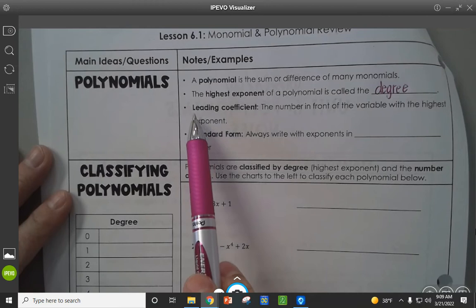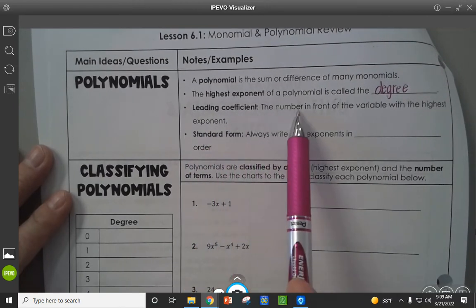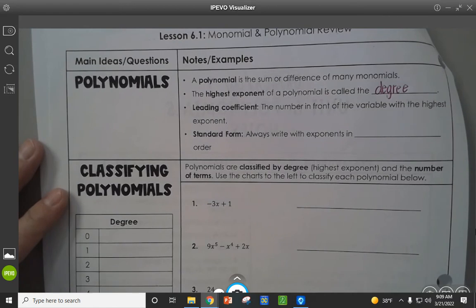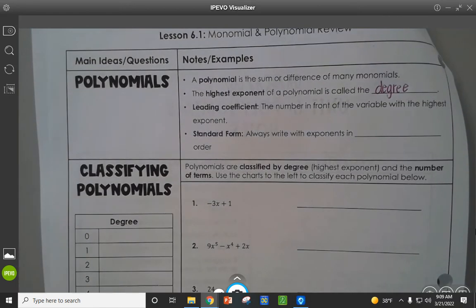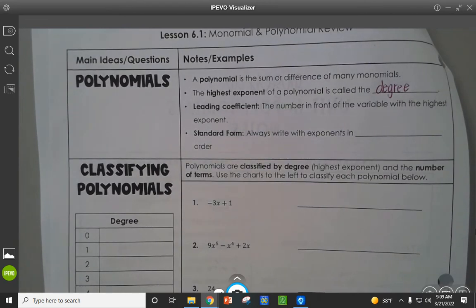Something else we call the leading coefficient. This is the number in front of the variable with the highest exponent. So if my highest exponent is 4, I have an x to the fourth, and whatever number is in front of that is my leading coefficient. So if it's 2x to the fourth, my leading coefficient is 2.